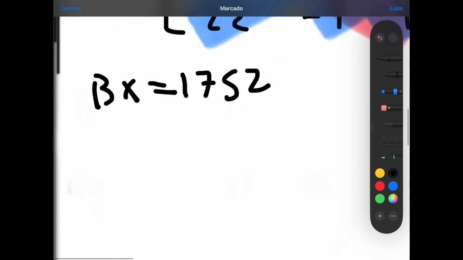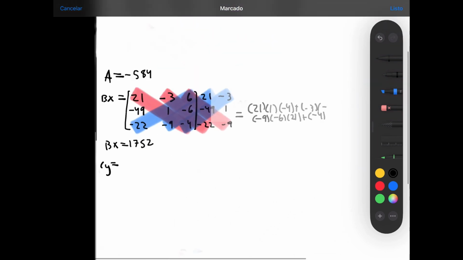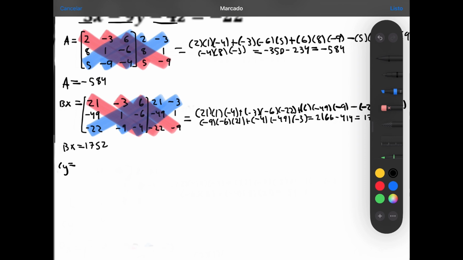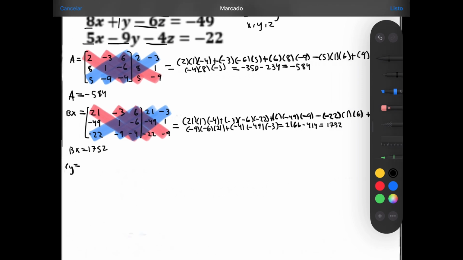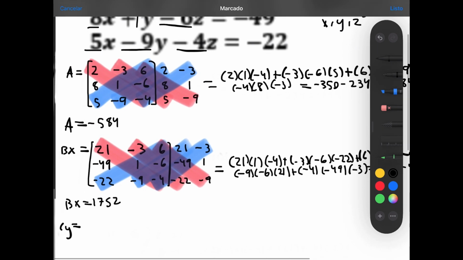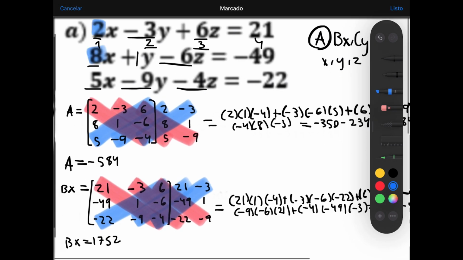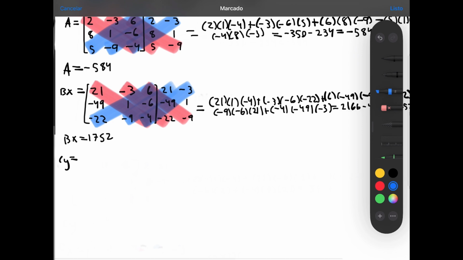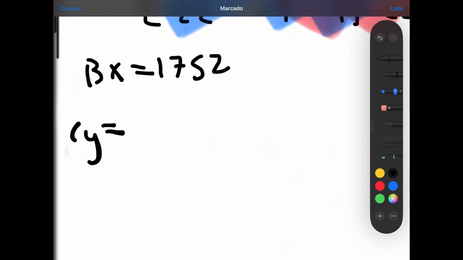Now for CY, the order of the coefficients will change once again. So first we have to keep the first coefficient the same, so the 2, the 8, and the 5.